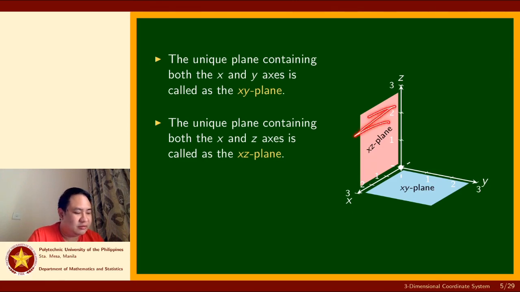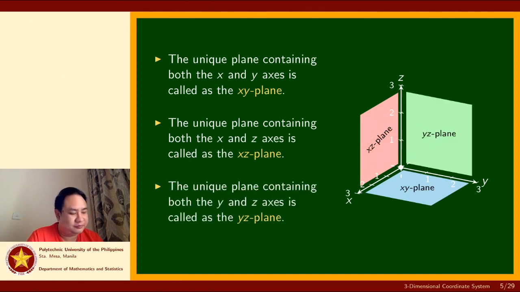In the diagram, it is given by the pink plane. And the unique plane that contains both the y and z axis is what we call the yz plane. In the diagram, it is represented by the green plane. These planes are also called the coordinate planes in a three-dimensional space.